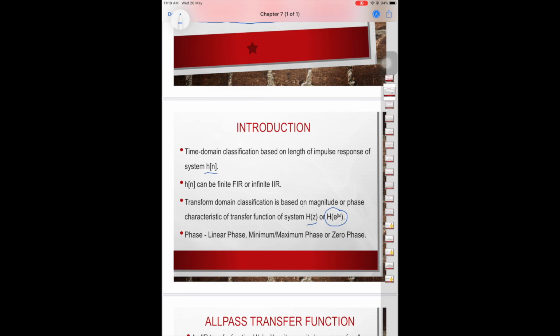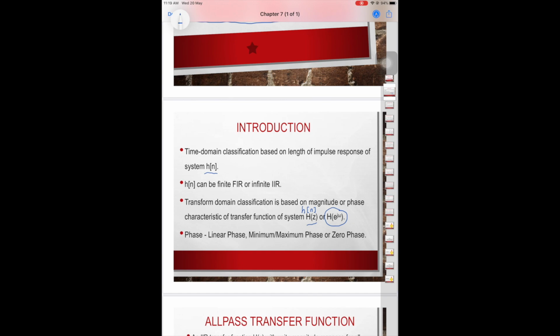The time domain form must be a discrete time signal, which is h[n]. So in some literature, instead of H(z), they still use H(e^jω), just to indicate that the signal is a discrete time signal.